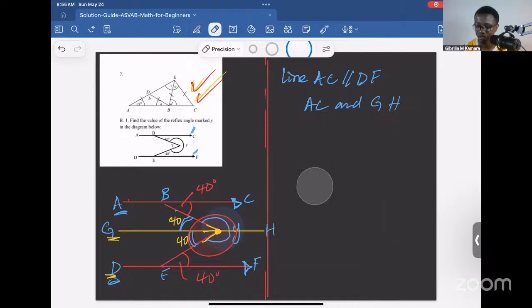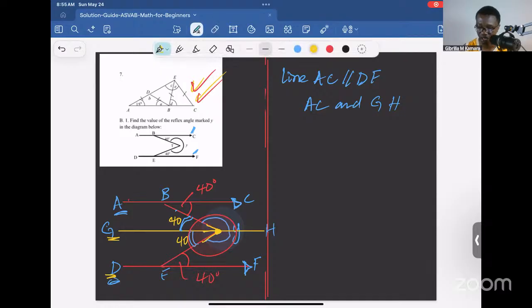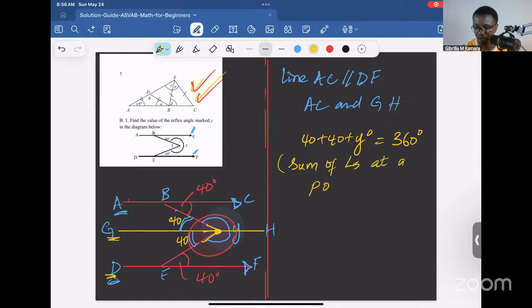Angles at a point sum up to 360 degrees. So your 40 plus the other 40 plus the y, which is the reflex angle, also equals 360 degrees. You say sum of angles at a point add up to 360 degrees.